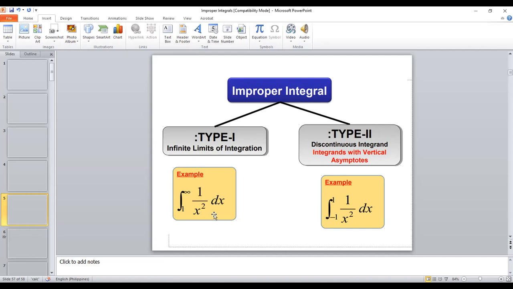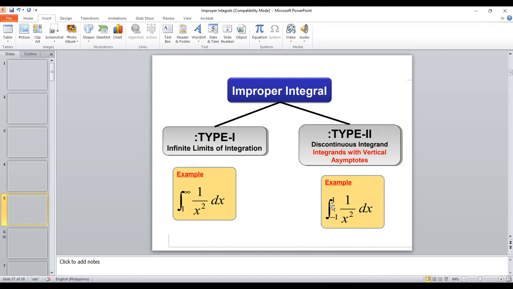This one has three cases. One in which the upper limit is infinity, the lower limit is negative infinity, or both, negative infinity to positive infinity. Type 2 also has three cases just like this one. One case wherein you have the point of discontinuity here, meaning you have a vertical asymptote here.